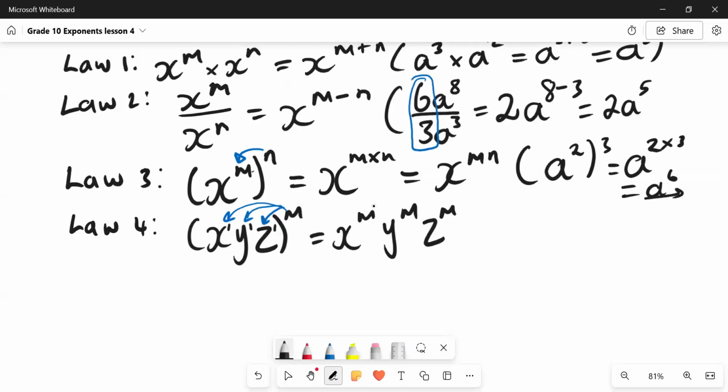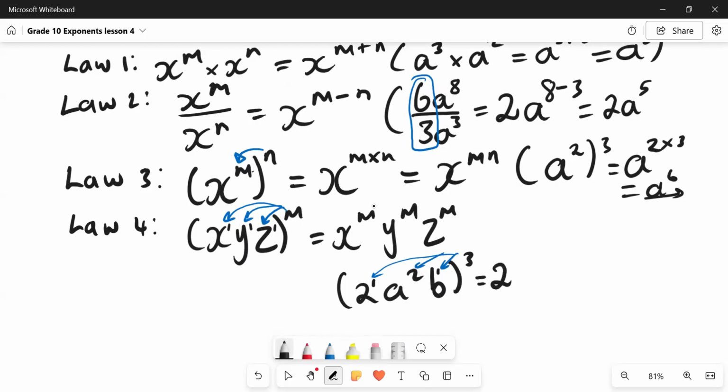And then an example similar to this one, you will have your 2a squared and then b to the power of 3, all raised to the power 3. What do we do? You distribute. That's the first thing. And then you assume there's 1 and 1 there, right?